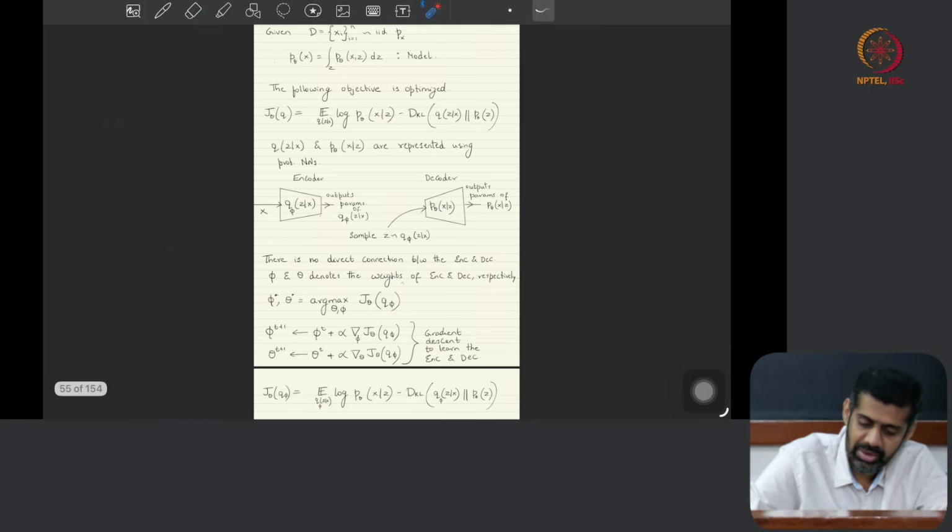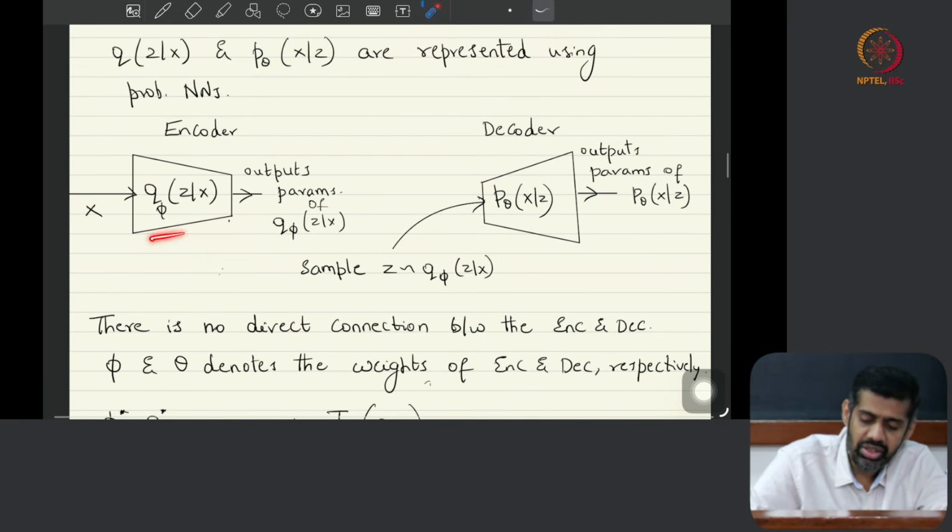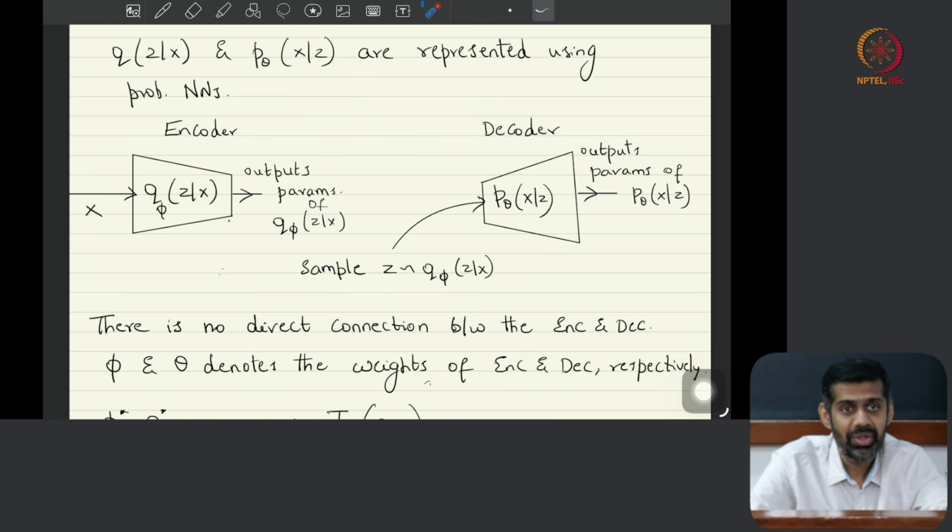Why am I saying this? Because we are using neural networks to represent conditional distributions, which means that the conditioned random variable is fixed to a particular value. That becomes the input to the neural network. Now this x that goes as an input to this neural network is actually the value that this conditioned random variable is taking.